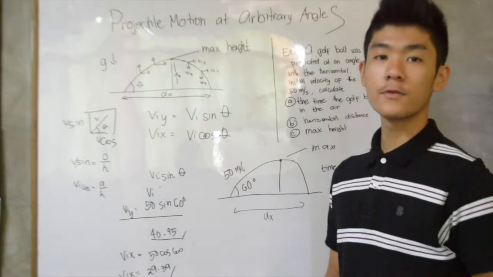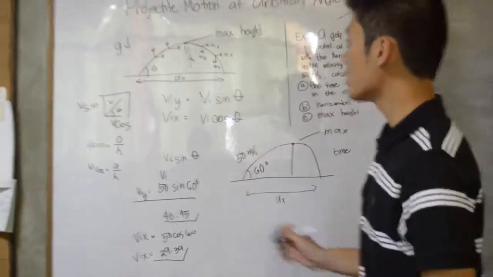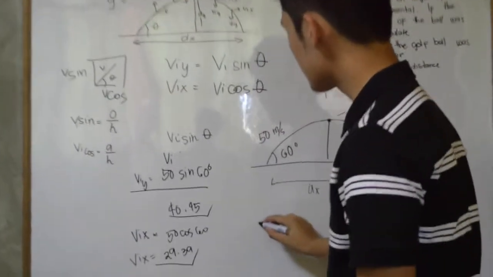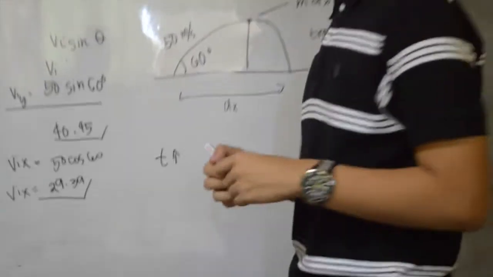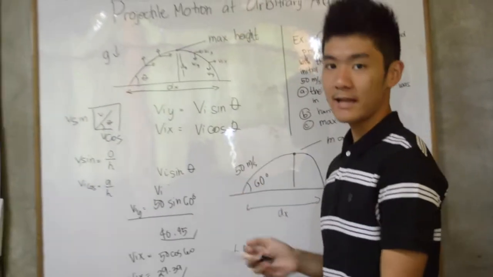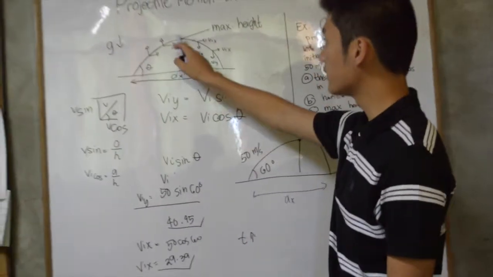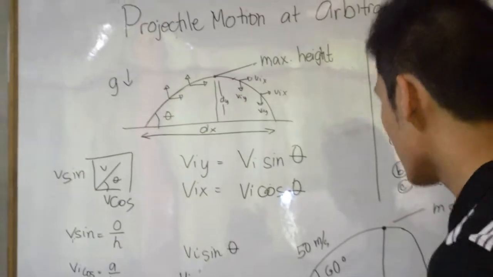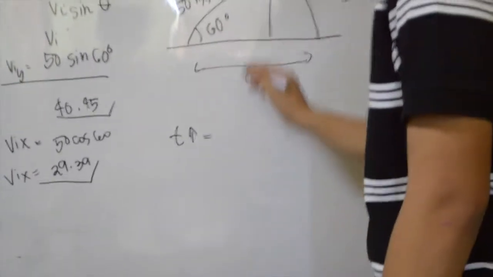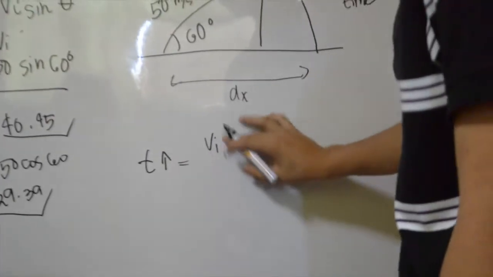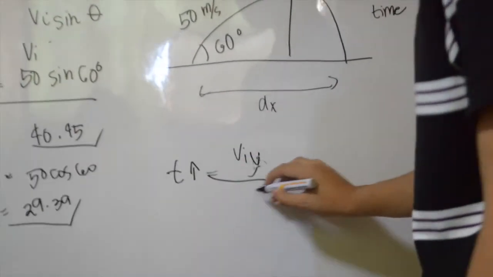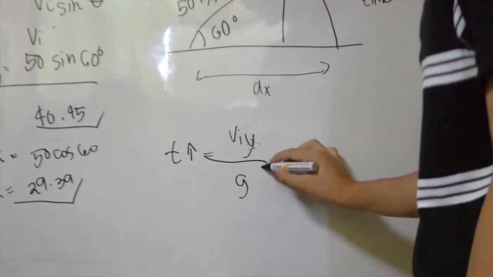Now we're going to compute the object's time. First we compute the time up, which is the time the projectile takes to reach the maximum height. T up equals VIy over the gravity, which is 9.8.